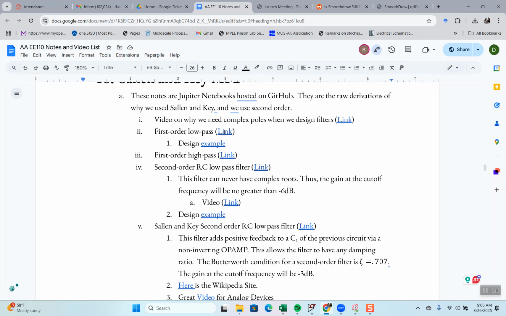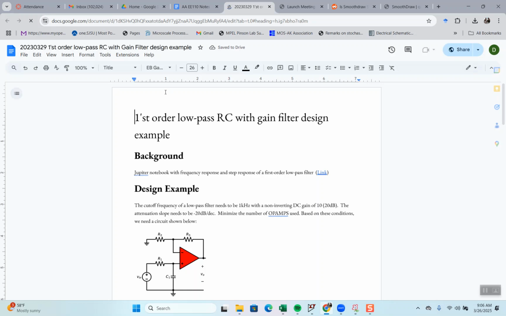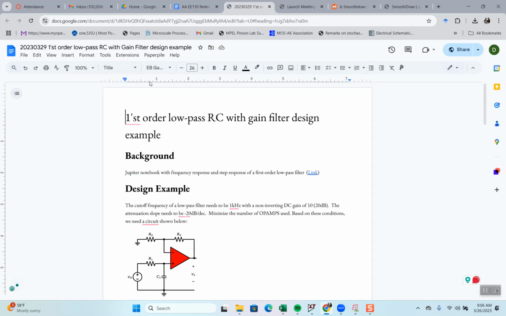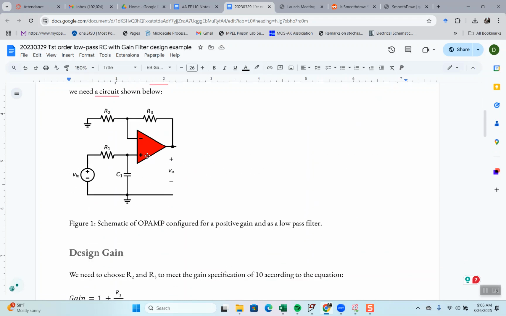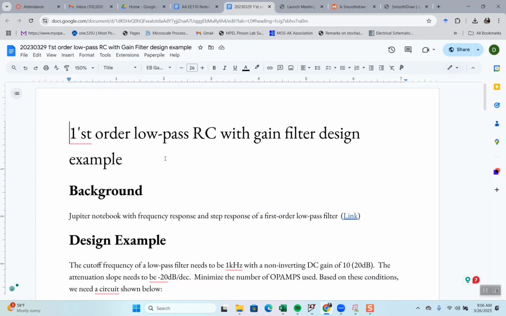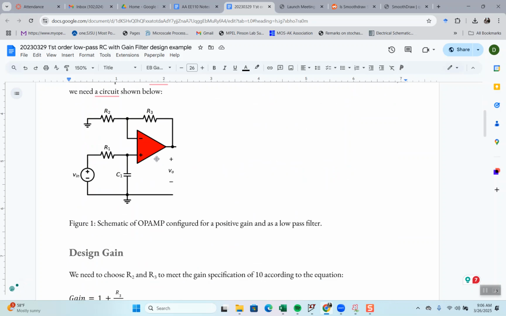So here's a first order low pass design example, which we've talked about. I've called it a first order low pass RC with gain filter design example. So yes, that's the structure.